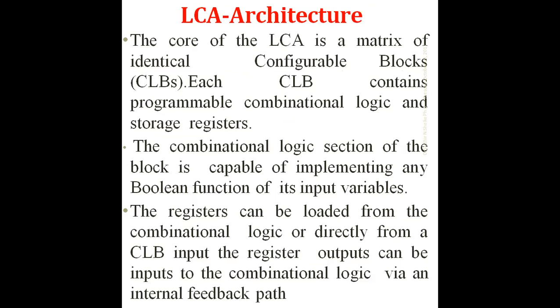It consists of combinational logic as well as the storage register. Registers can be used to load from the combinational logic or directly from the CLB input to the register output.